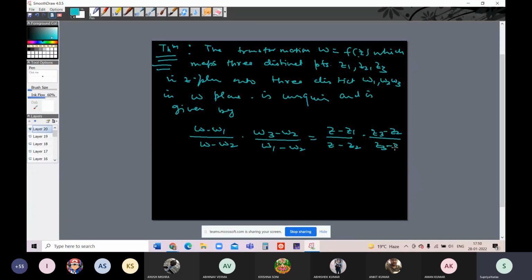This can also be written as W minus W1 divided by W1 minus W2.